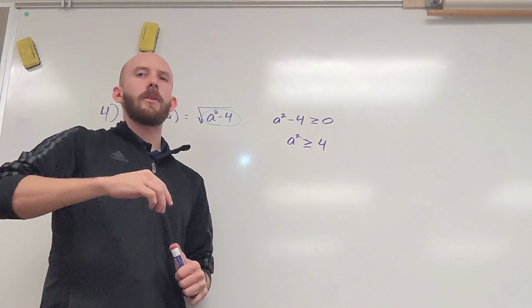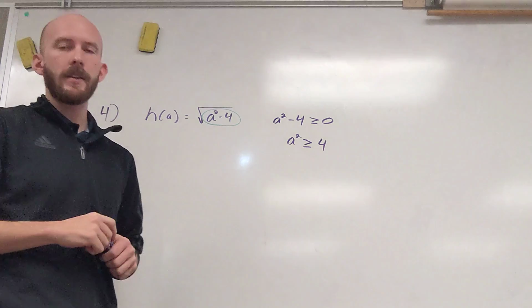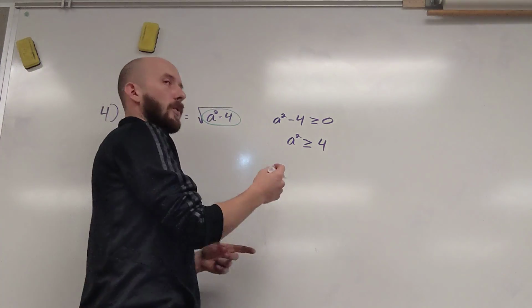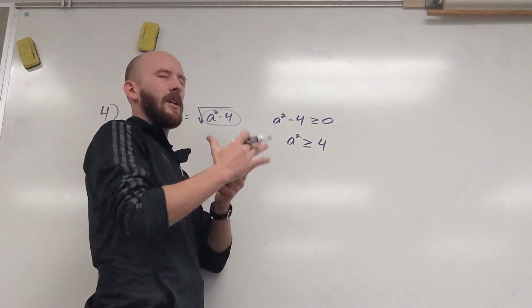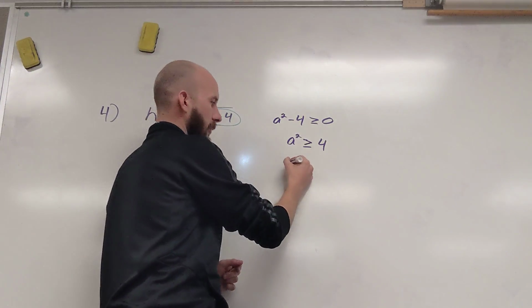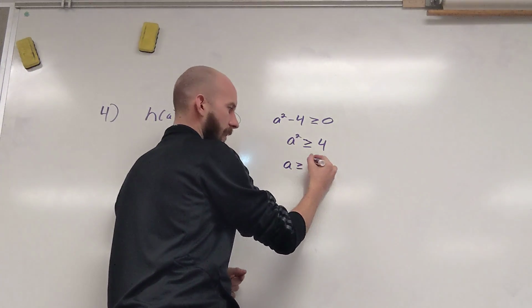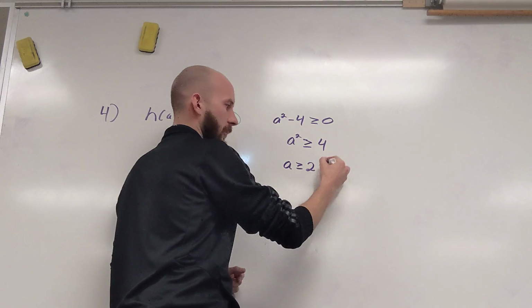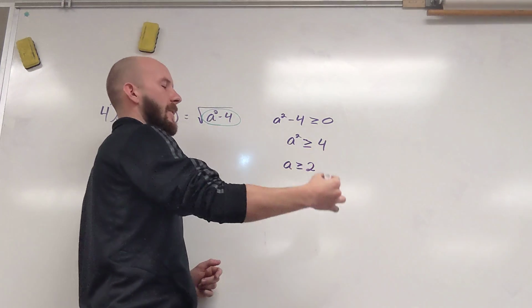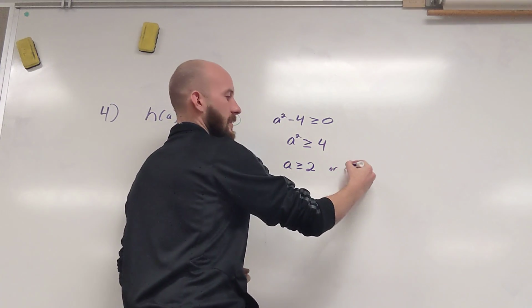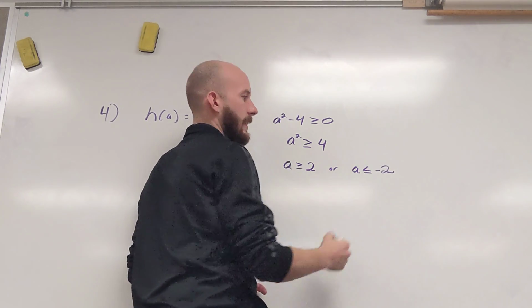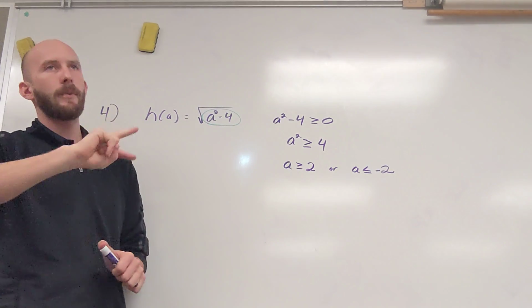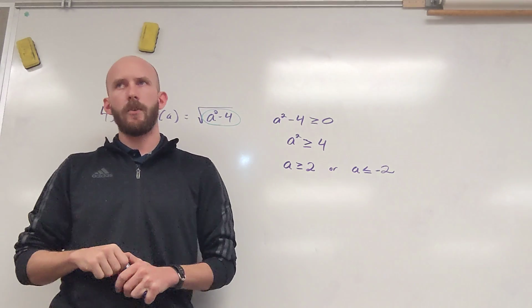Be careful though here, especially with inequalities. When I square root, I get a positive and negative answer, right? Okay. With inequalities, that's a little weird. If I square root, I get a is greater than or equal to 2, but then the other one is going to be a is less than or equal to negative 2. You have to flip the sign from the negative one.